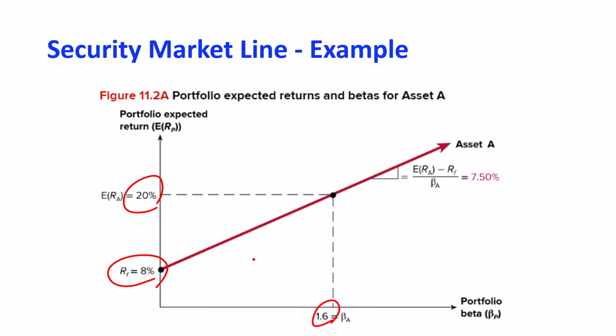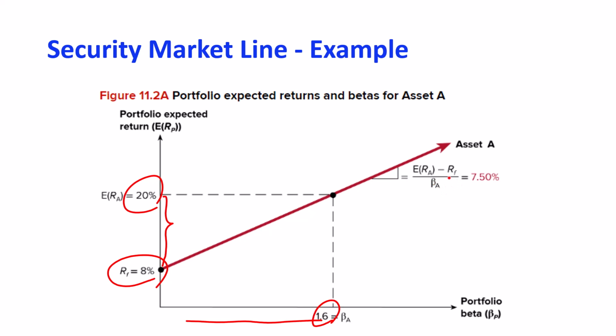So what is the slope of this line? As always, the slope of the line is the rise over run. So the rise is going to be the difference between the expected return on the asset and the risk-free rate, and the run is going to be your beta. So the slope of this line is going to be the risk premium of that asset over the beta of the asset, which is going to be 7.5%.